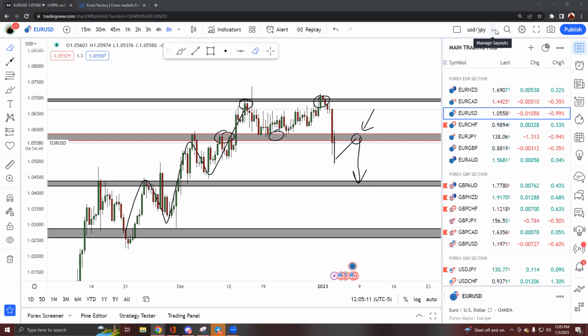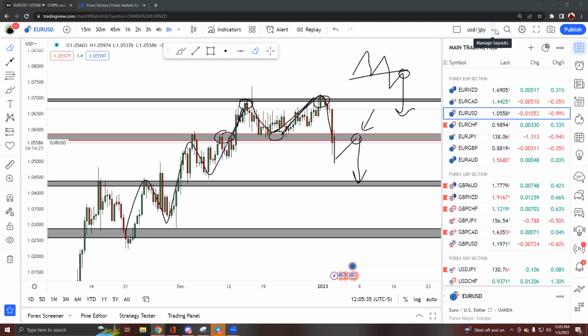Just because we knew that this could be a double top reversal pattern, we knew how to trade it. We have one peak and then we have two peaks, and then we're looking for that rejection once it breaks below the neckline, the confirmation of the formation of that pattern. It is always just that simple, guys.